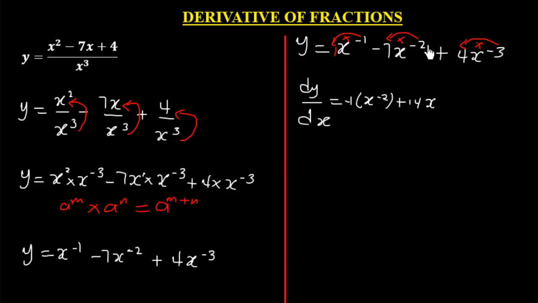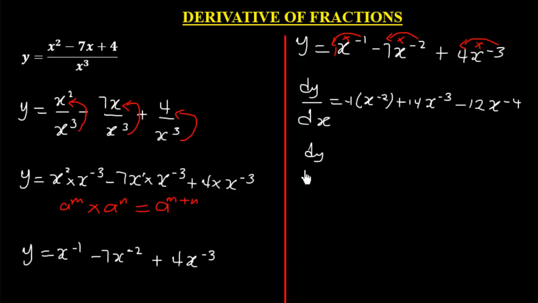Now this exponent negative 2 will be reduced by 1, so negative 2 minus 1 gives us negative 3. Plus, now the exponent negative 3 will come and multiply the 4 here. That will give us negative 12x. Now exponent negative 3 will reduce by 1, so negative 3 minus 1 will give us negative 4.